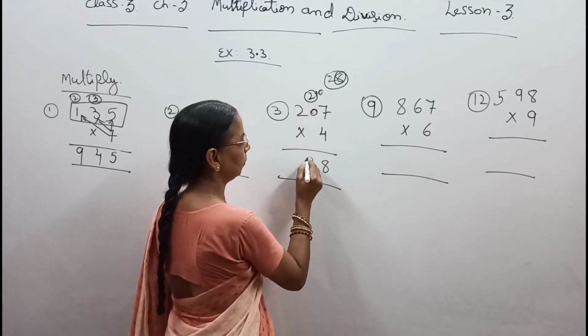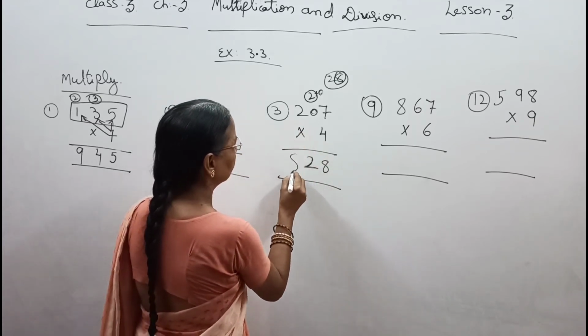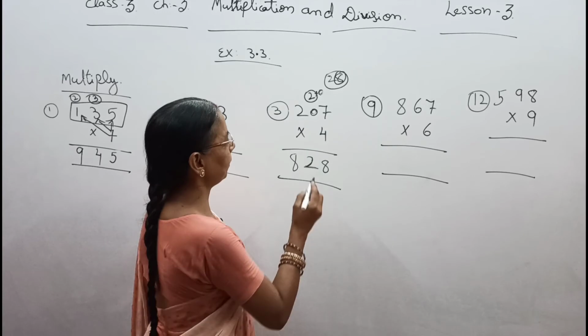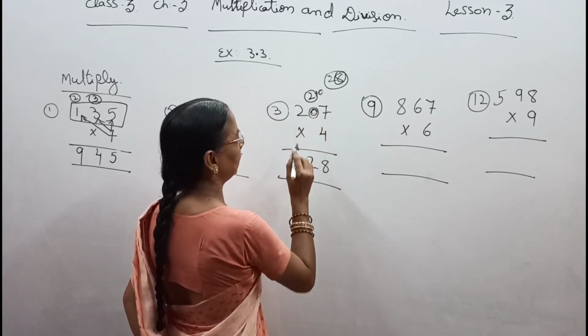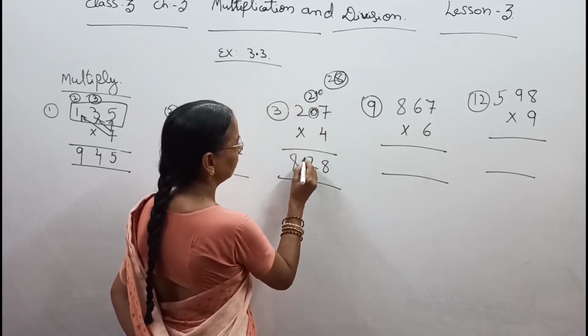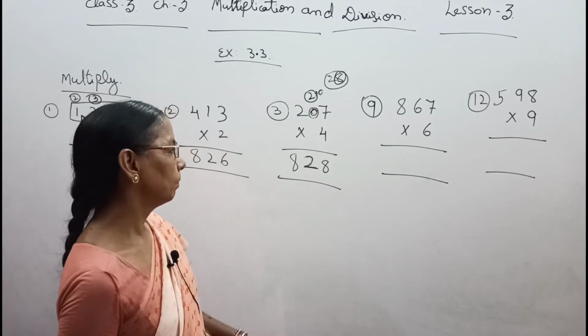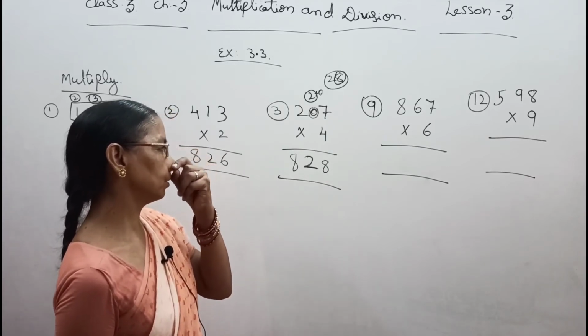Then we put 2 here. Then 4 2s are 8. Like this, whenever we get 0, the simple thing is that the carried number must be written in the place wherever we got 0.